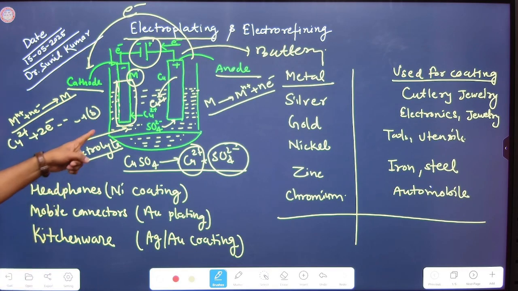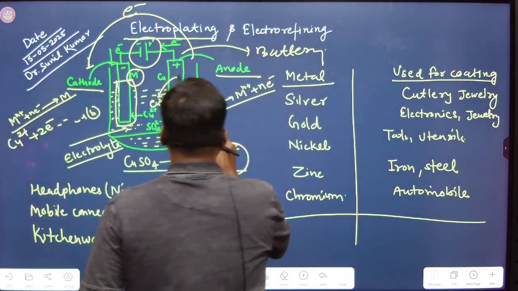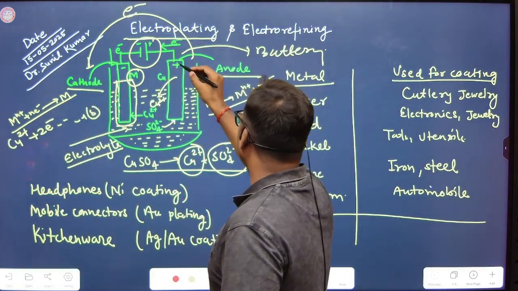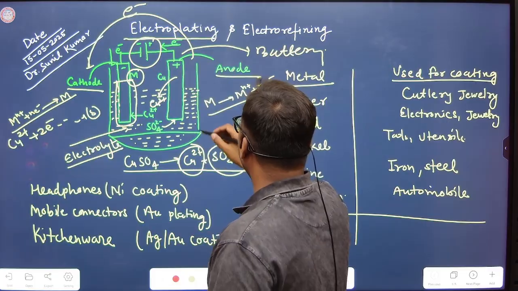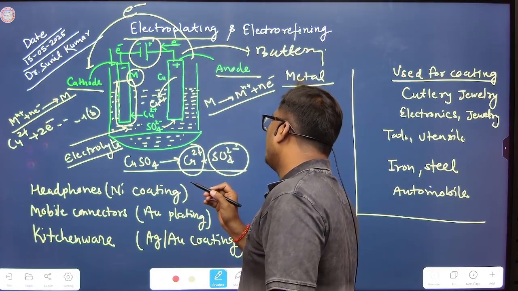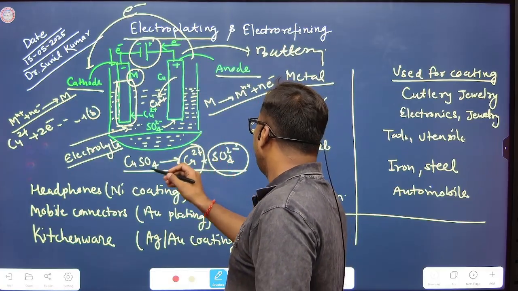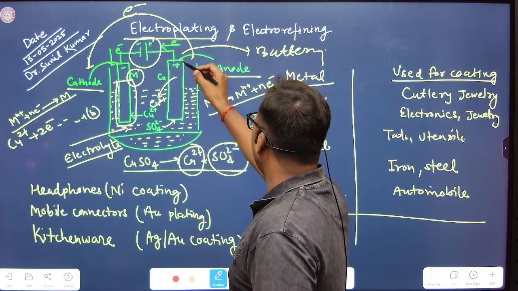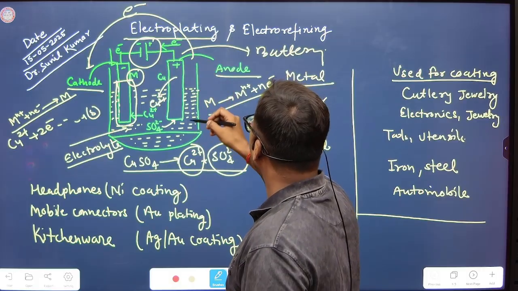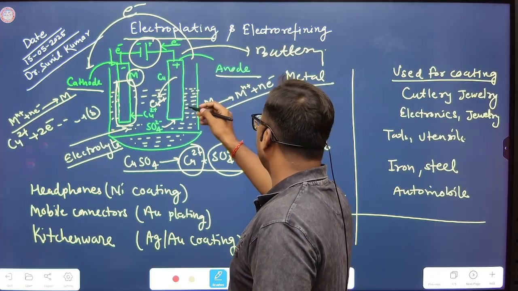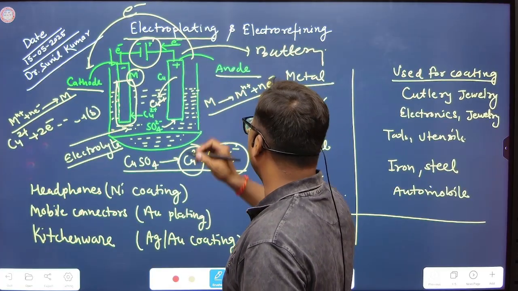So the mass and weight of this cathode increases with time, but the mass of this anode, because some copper atoms get dissolved in the electrolyte, actually decreases, right?